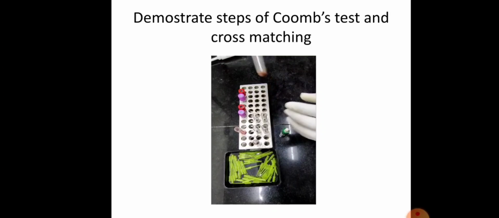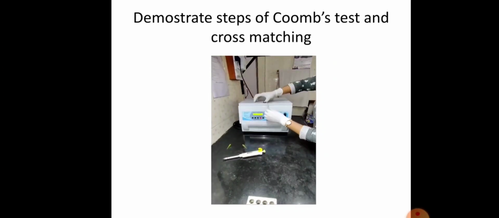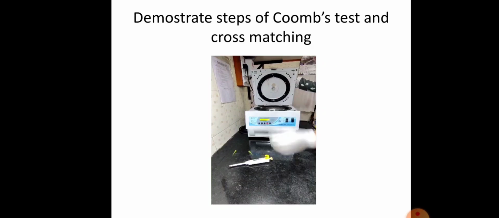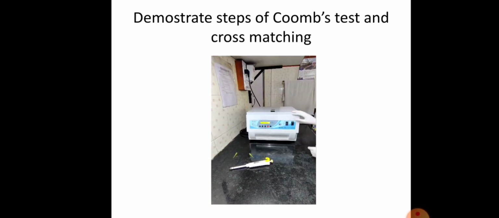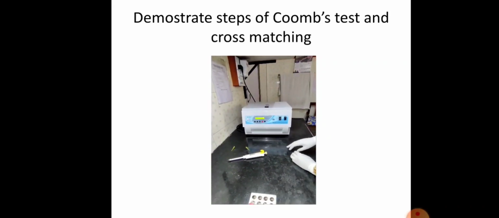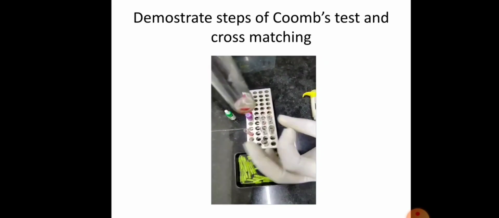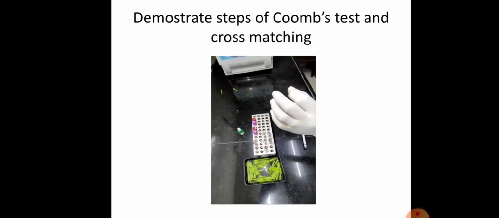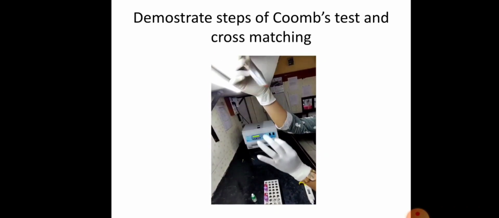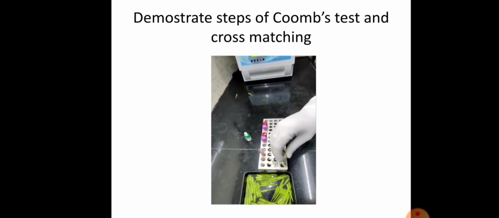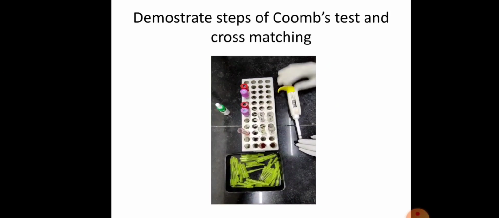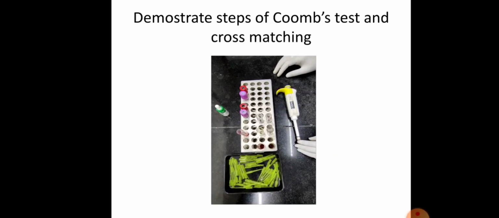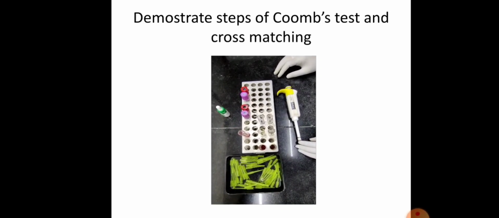After that, centrifuge the test tube at 1000 rpm for 1 minute. Now record the result macroscopically as well as microscopically. If agglutination or hemolysis is seen, then the test is positive, and if no agglutination is seen, the test result is negative.